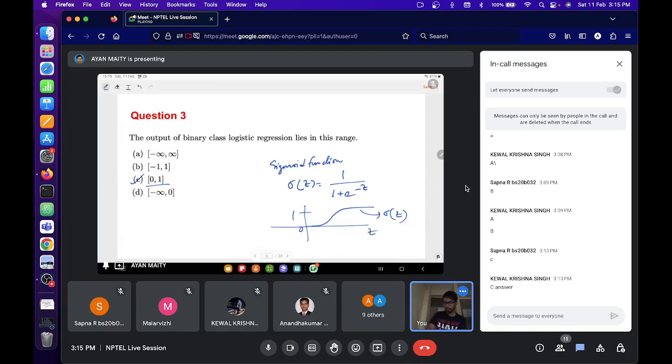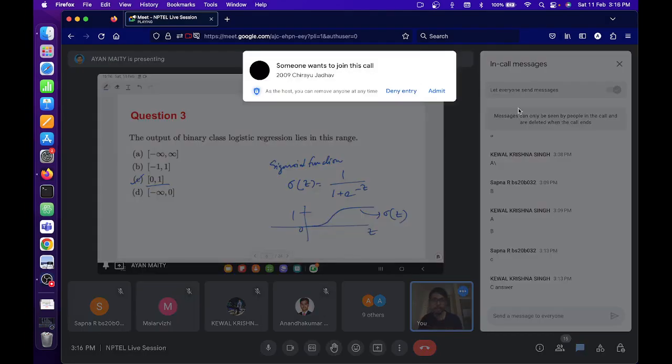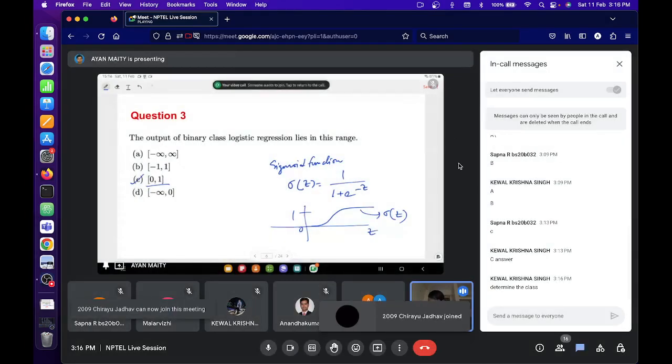So the value ranges from 0 to 1, and we need this because in logistic regression we need to restrict the output within a given range, otherwise we will not be able to select a certain class for the output. But in linear regression we don't apply any such sigmoid function, because the output is continuous. It can be anything from minus infinity to infinity.